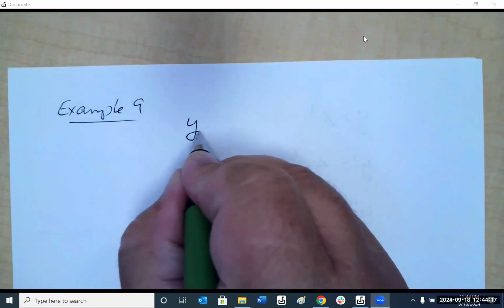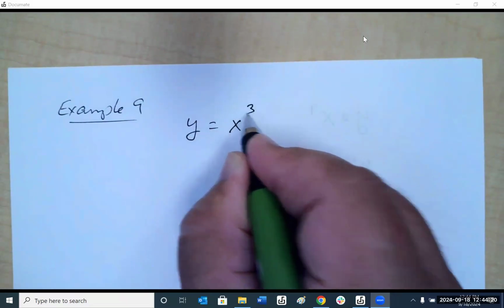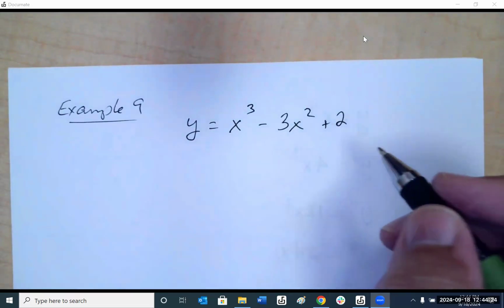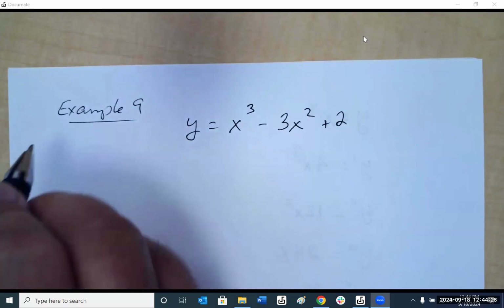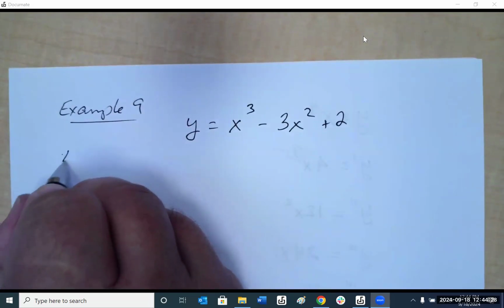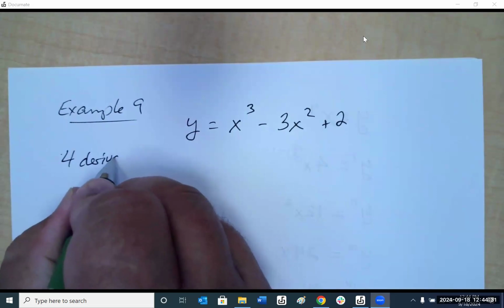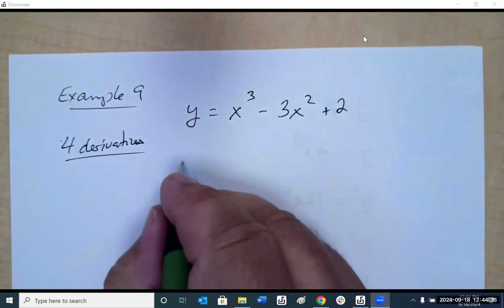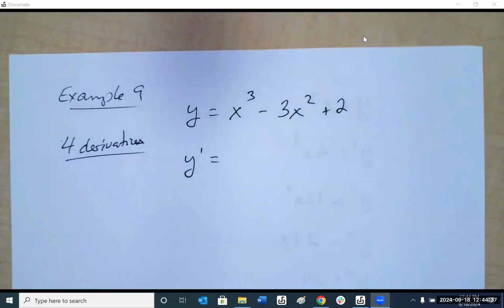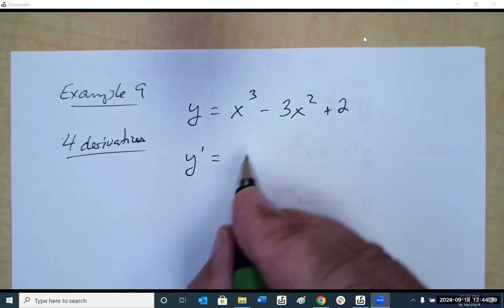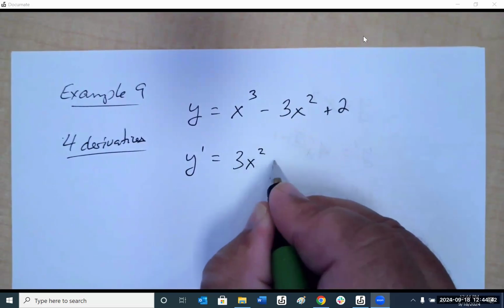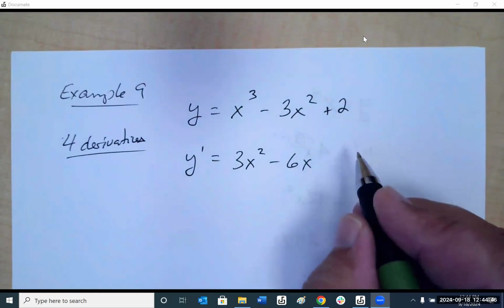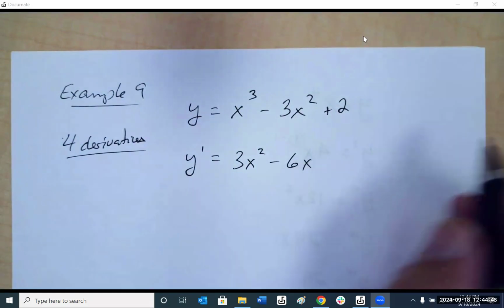Example 9. y equals x cubed minus 3x squared plus 2. Find the first 4 derivatives. So the first derivative is what? Everything's gone.